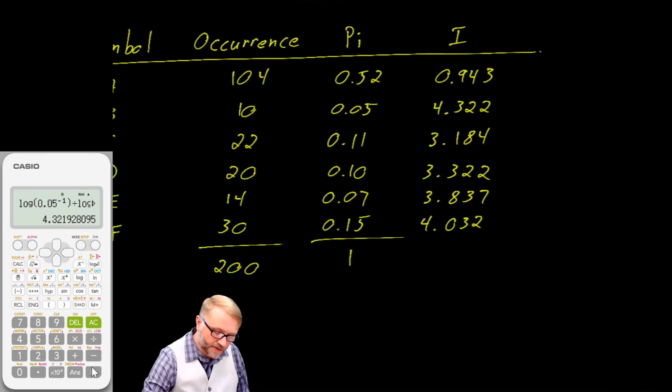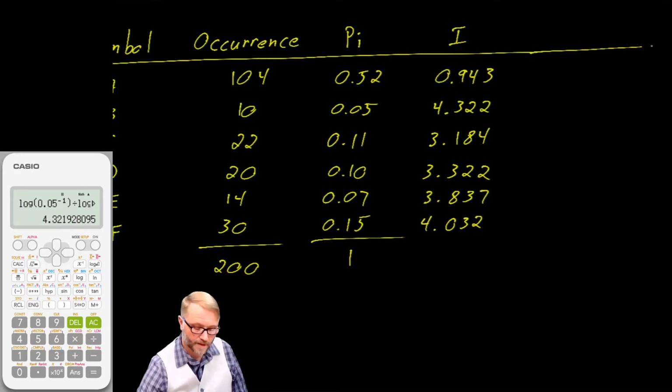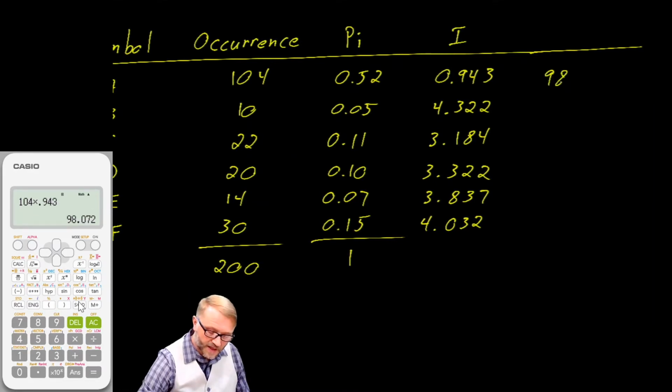If we add another column, we can talk about the information for all of those occurrences. For symbol A, it's 104 because we have 104 occurrences of that symbol multiplied by 0.943. That's 98.1 questions that needed to be answered to determine symbol A. For symbol B, it's 43.2.